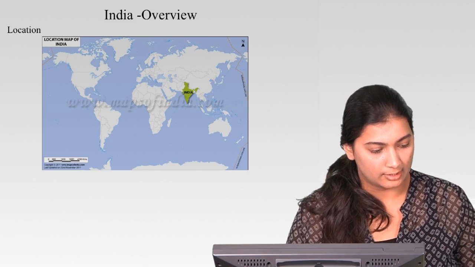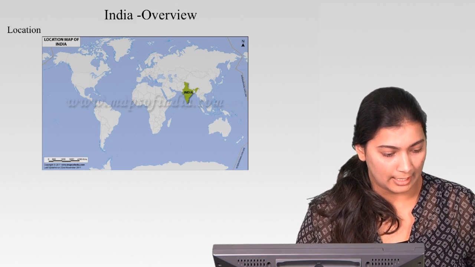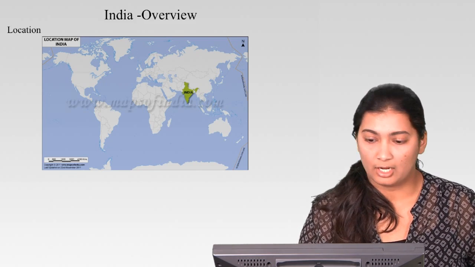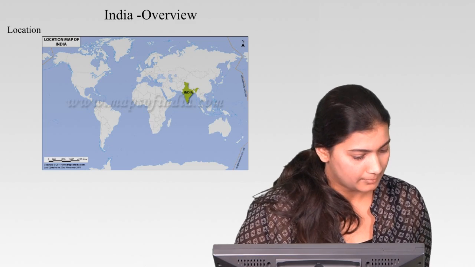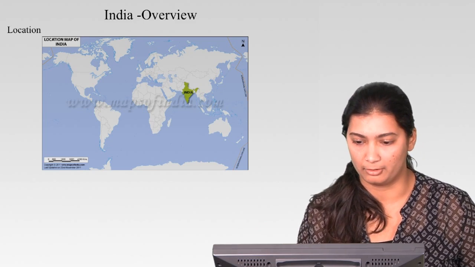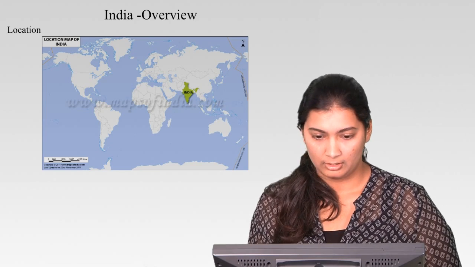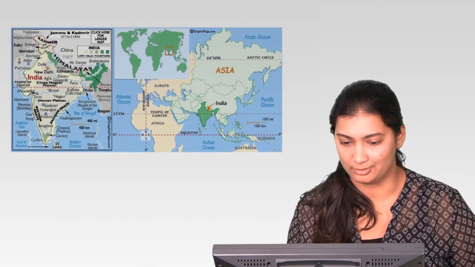It is located in South Asia and bordered by countries like Pakistan, China, and Nepal. It is surrounded by three major water bodies, namely Arabian Sea, Indian Ocean, and the Bay of Bengal. And you can see the map of the world and where India is highlighted out here. This is another closer look at where India is located.